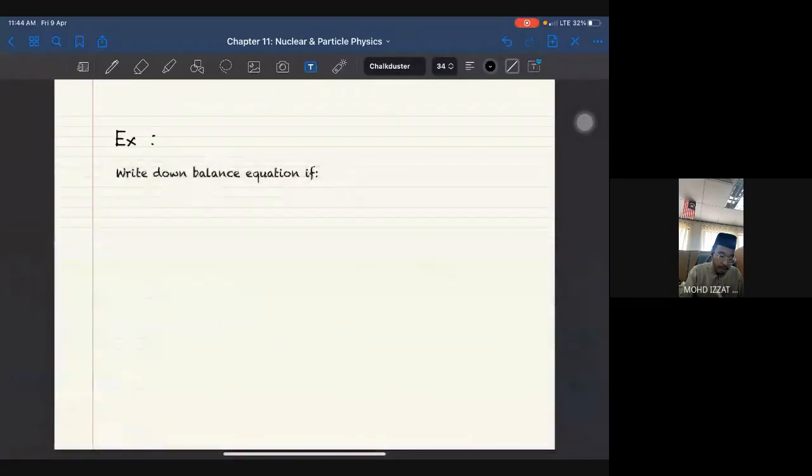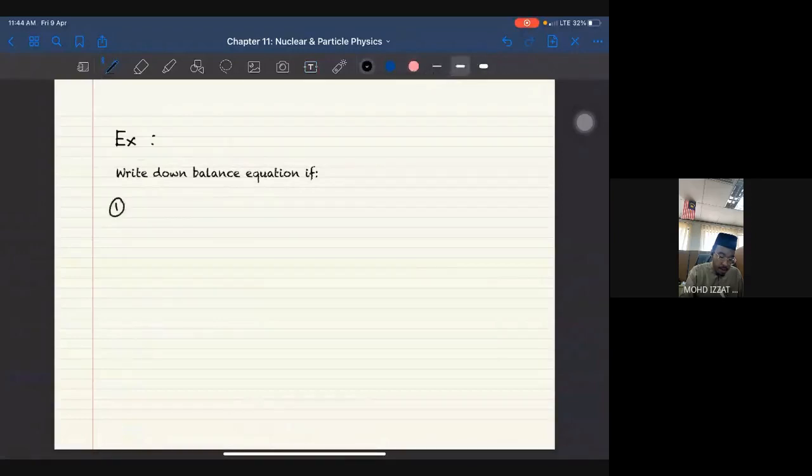Okay, number 1, uranium 238 98 undergoes alpha decay.